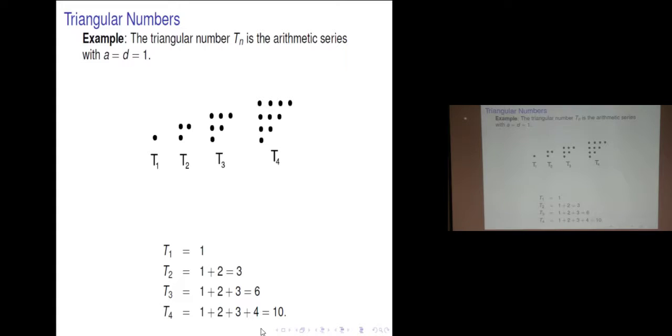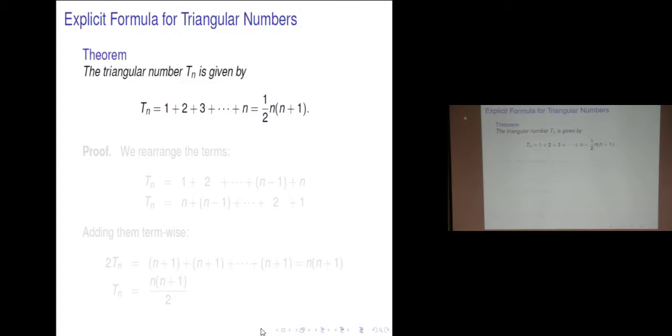In terms of formulas, T1 is just 1. T2 is 1 plus 2, which is 3. T3 is 1 plus 2 plus 3, which is 6. T4 is 1 plus 2 plus 3 plus 4, equal to 10. These numbers are called triangular numbers. Now, can we find the general term? We want to find the explicit formula for the triangular numbers.